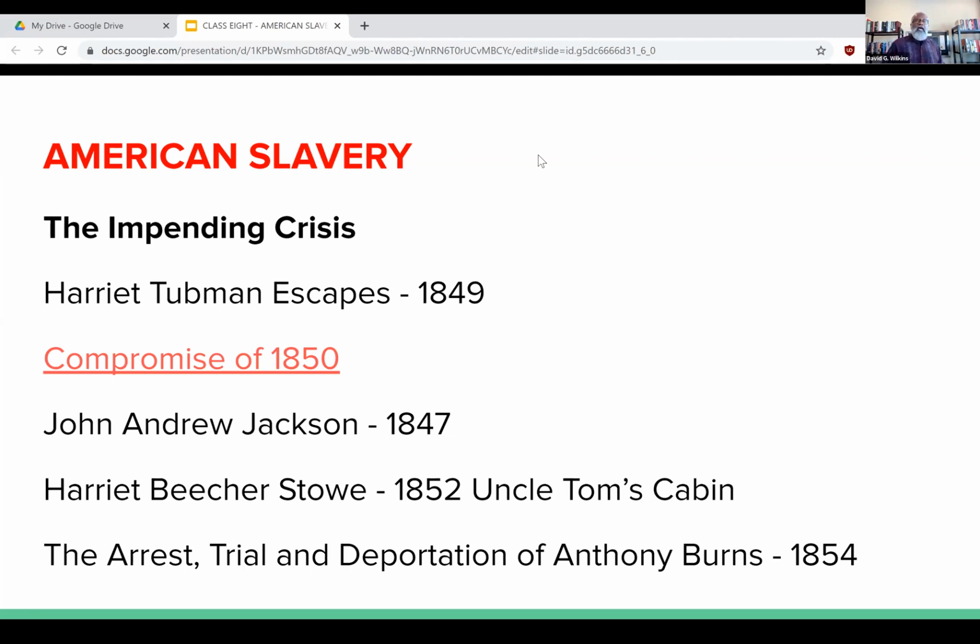But the anti-slavery and abolition movements in Boston are up in arms, just outraged that one of their neighbors, in this case Anthony Burns, can be treated in this way. Interestingly, there are two groups. There is a black group of abolitionists meeting at the same time, and there's a white group of abolitionists.